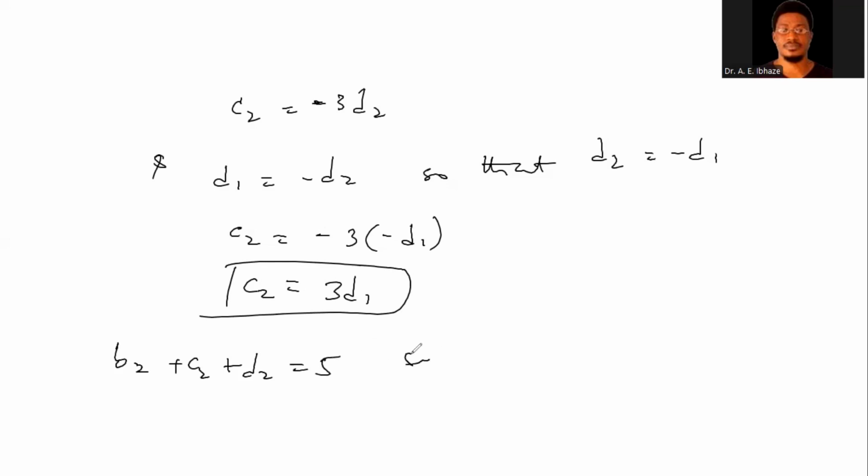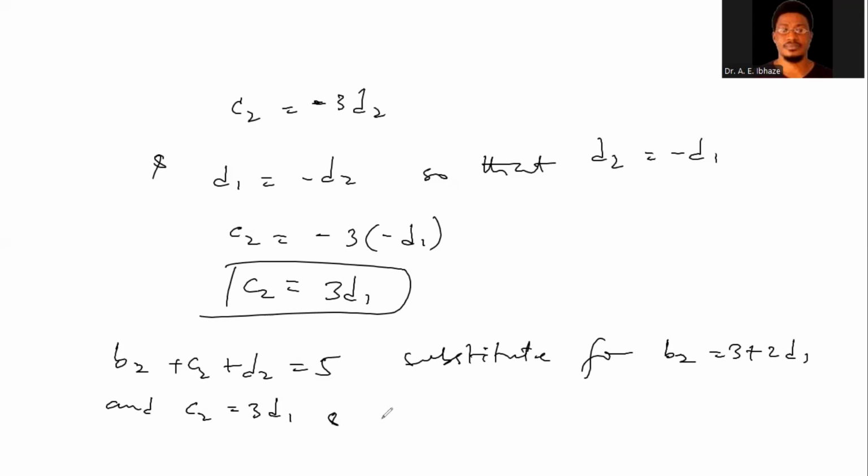So now we're going to substitute. I'm going to substitute for b2 being the same as 3 plus 2d1, and then c2 to be the same as 3d1, and then d2 to be the same as negative d1. So in this case, we are going to have 3 plus 2d1 plus 3d1 minus d1 equal to 5.